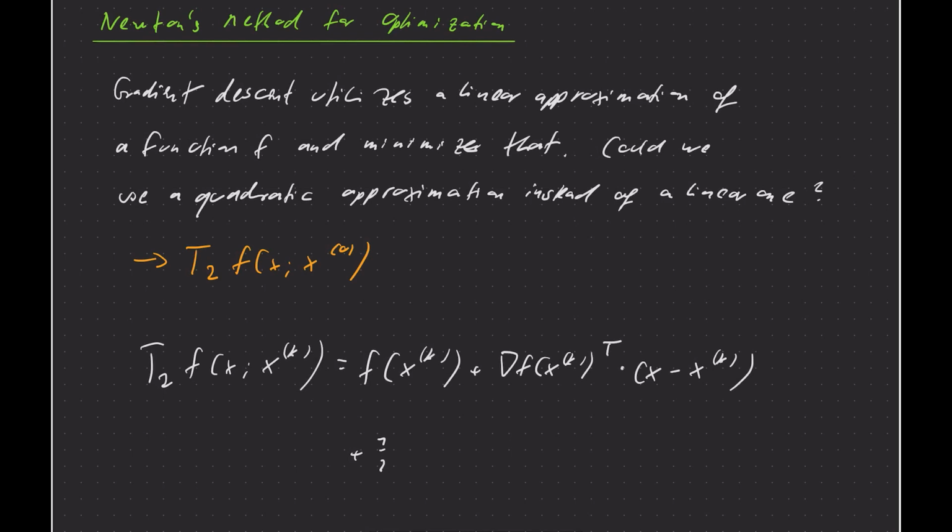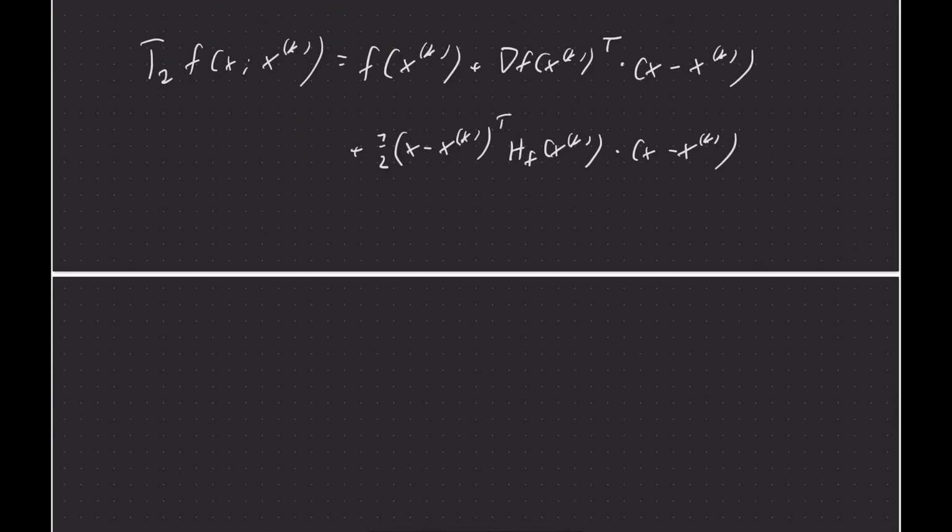plus 1 over 2 times x minus xk transposed times the Hessian of f at xk times x minus xk. So that's the Taylor approximation of order 2.